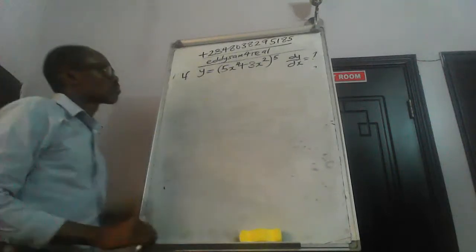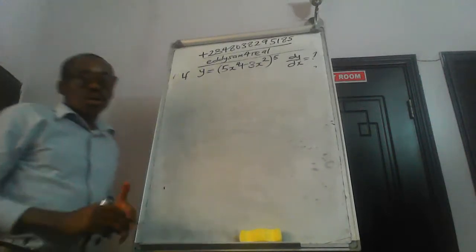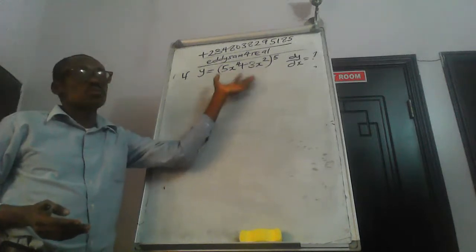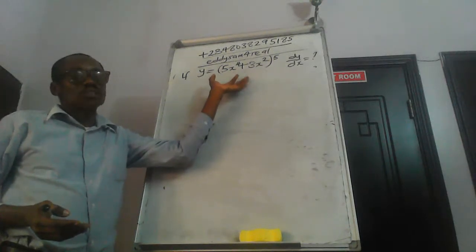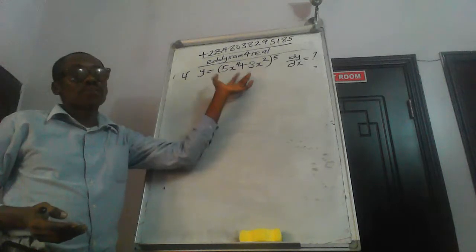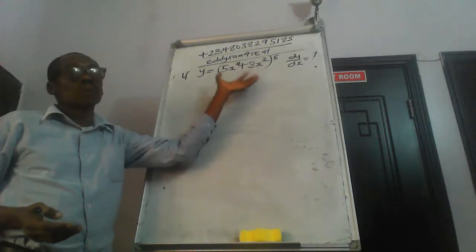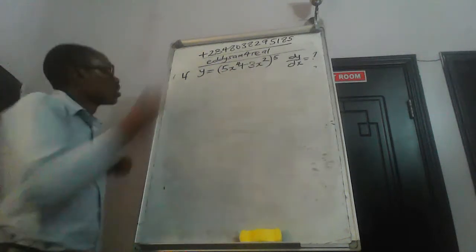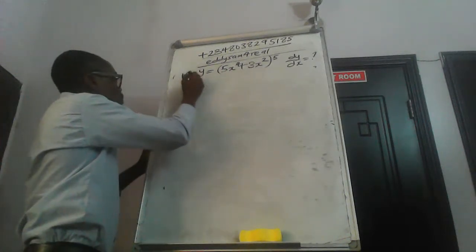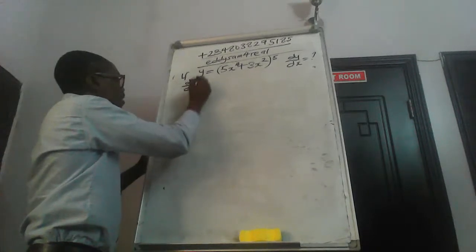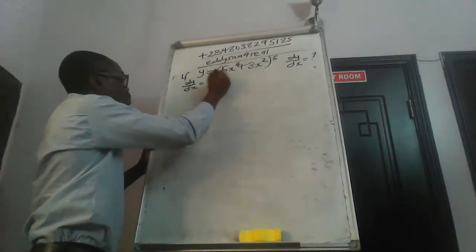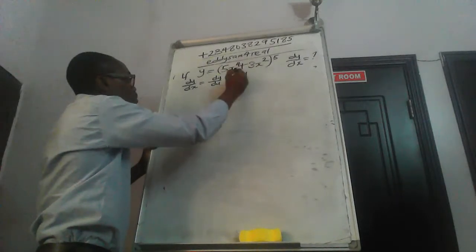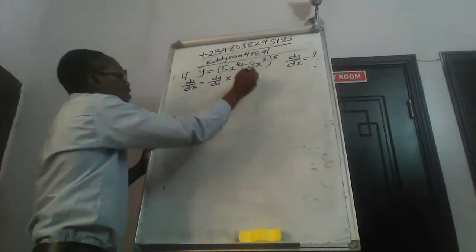This is a function of a function. No need to go about expanding this 5 times. That would be too cumbersome. So we're going to apply the function of a function rule, the chain rule, which says that dy/dx is equal to dy/du times du/dx.